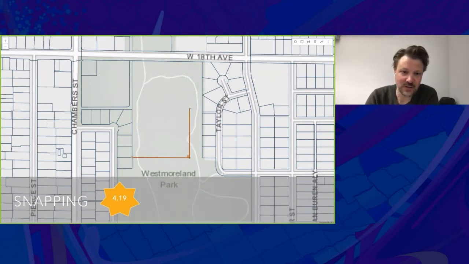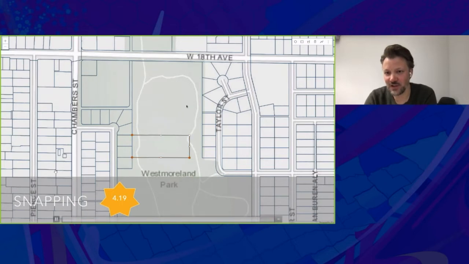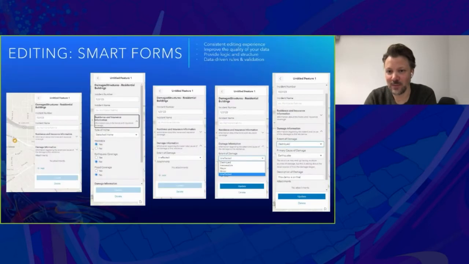But you can also configure it to snap to other layers in your map, for example, feature layer graphics, GeoJSON layers, and snap vertices or points to these layers that are shown on your map. That works in 2D and 3D.